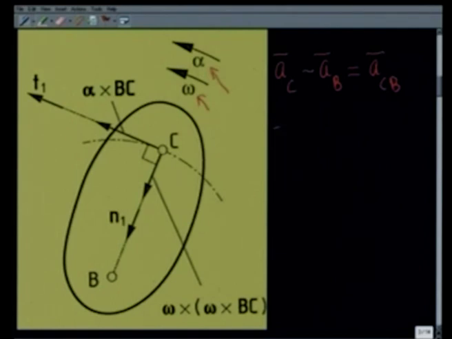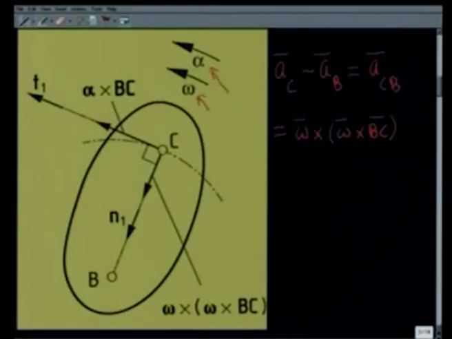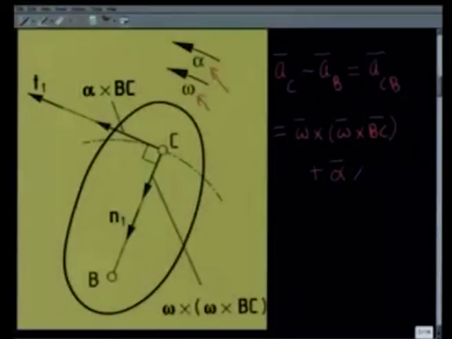That is given by, there is a centripetal acceleration due to the circular motion, which is given by omega cross omega cross BC, and there is a tangential component along the vector T1, that is given by alpha cross BC.